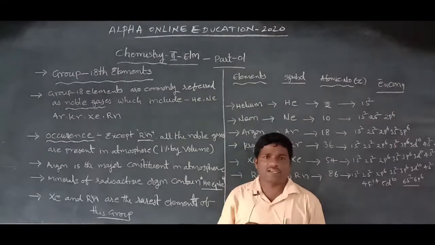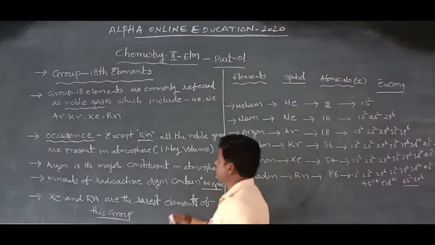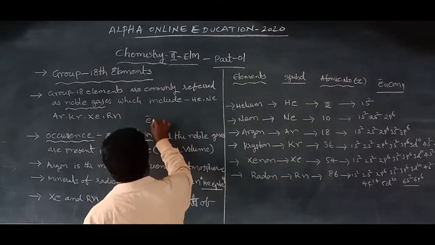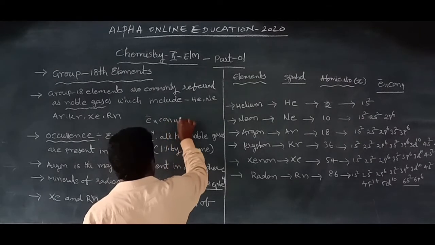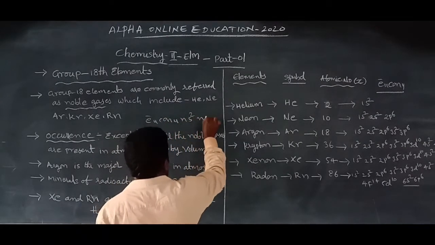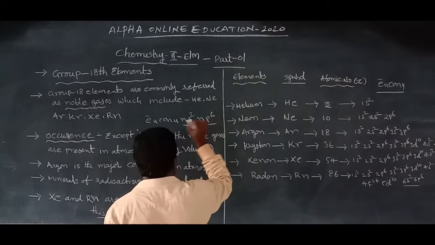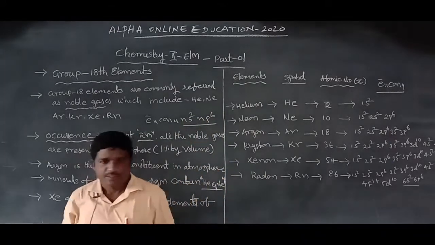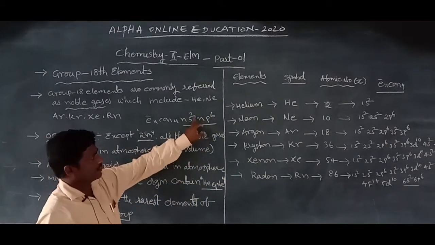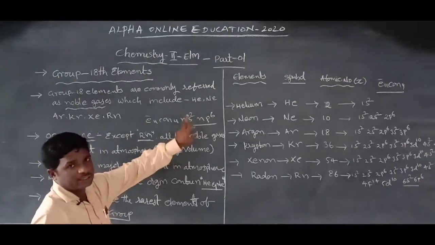The general electron configuration of the noble gases is ns2 np6. The s orbital holds 2 electrons and the p orbital holds 6 electrons. 2 plus 6 is equal to 8 electrons.